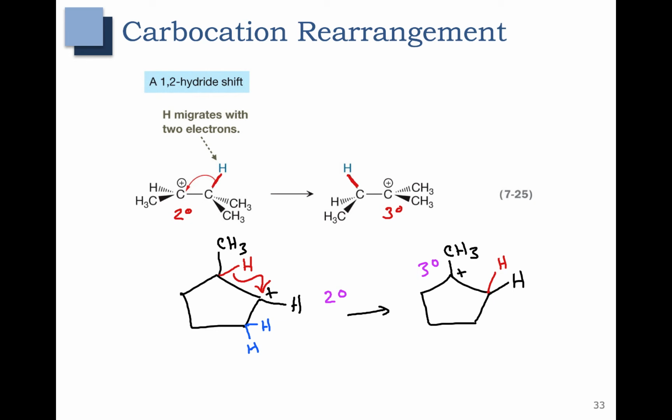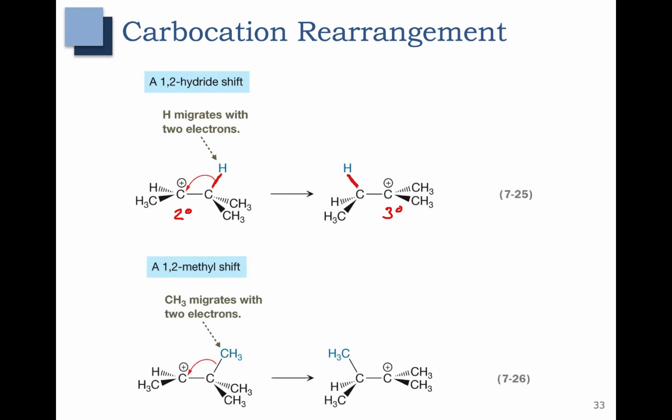Let's now look at another type of carbocation rearrangement. This is called a 1,2-methyl shift. In the 1,2-methyl shift, we are also going from a less stable to a more stable carbocation, but in this case, it's a methyl group that's getting dragged along with the electrons. Let's follow the electrons here.